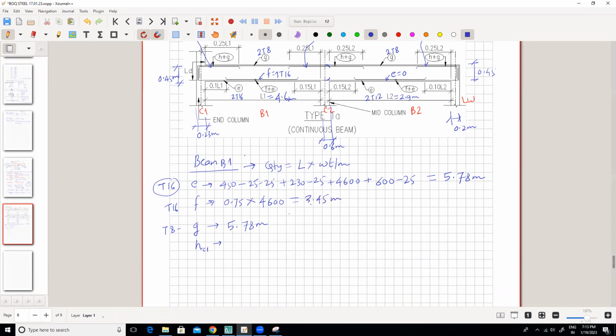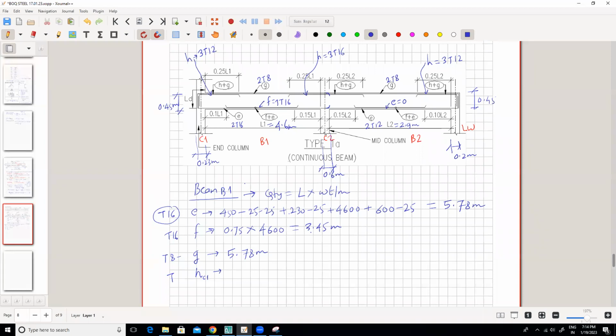Now we will calculate the H bar, which is extra over support on C1. Okay, which is how much? It is a 12 bar. T12. HC1 is 3T12.